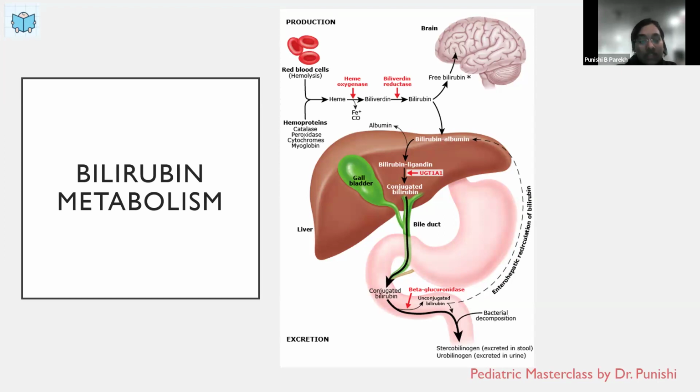So this is basically the mechanism of how bilirubin is produced from heme, how it gets conjugated in the liver, and enters the gut. A majority of it gets excreted out, but a part of it enters the enterohepatic circulation and goes through the process again. Now that we know the bilirubin metabolism well, let's look at what is physiological and what is pathological jaundice in the newborns.